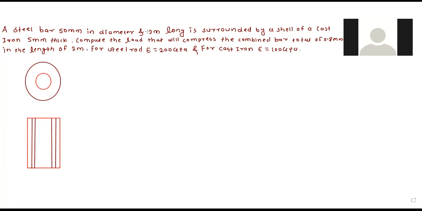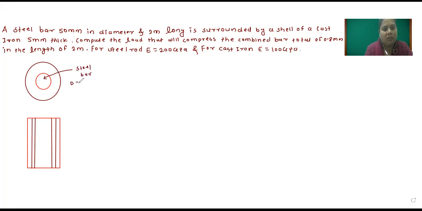So these are the two different rods. Out of that, this is a steel bar having diameter 50 mm. And this is the cast iron bar.